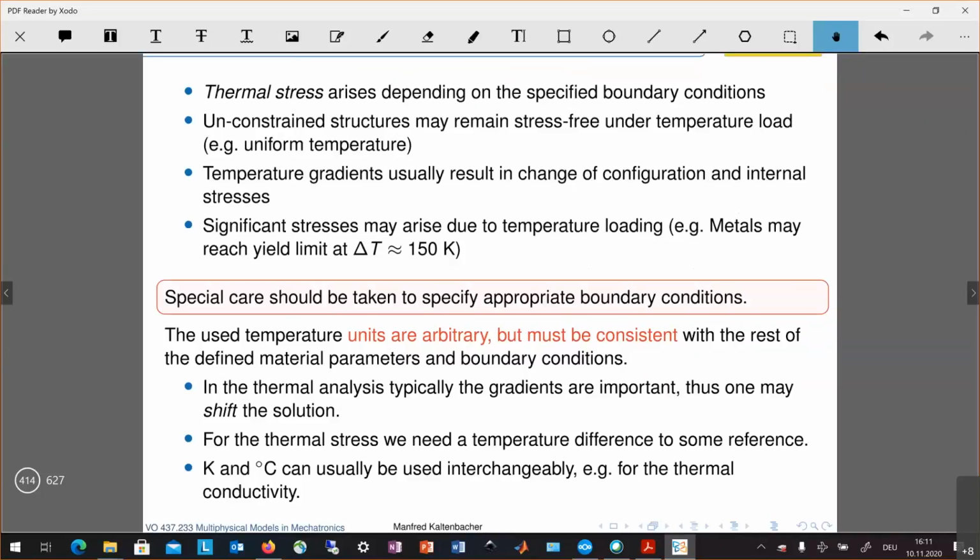So the mechanical stress will not only depend on the mechanical strain, but it will also depend on the electric field. And there it will then be possible to model and numerically simulate the dynamic behavior of piezoelectric actuators and sensors.